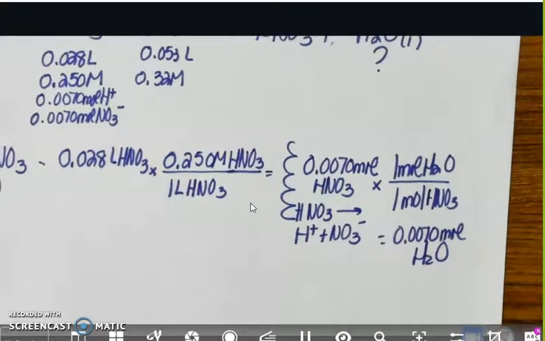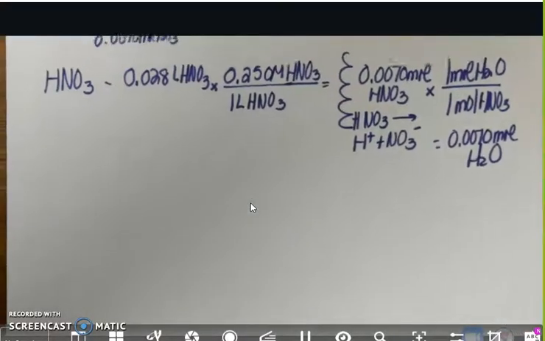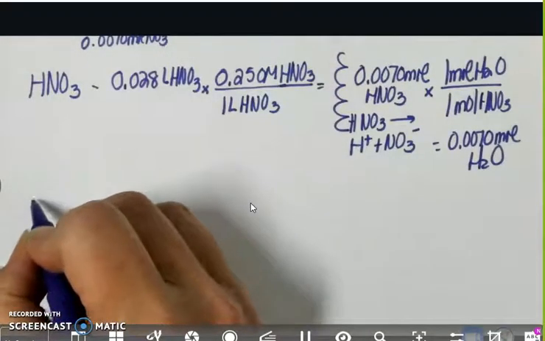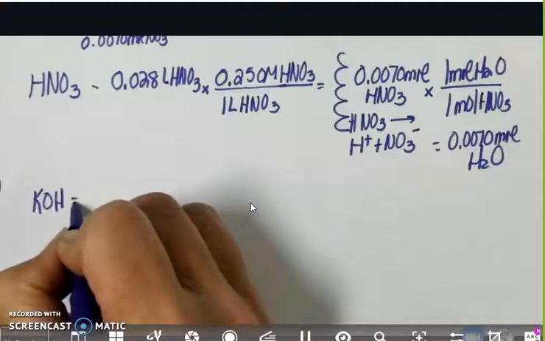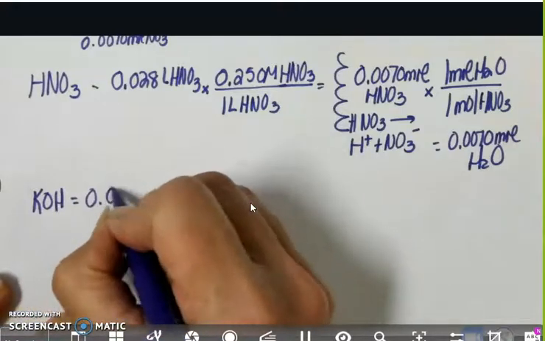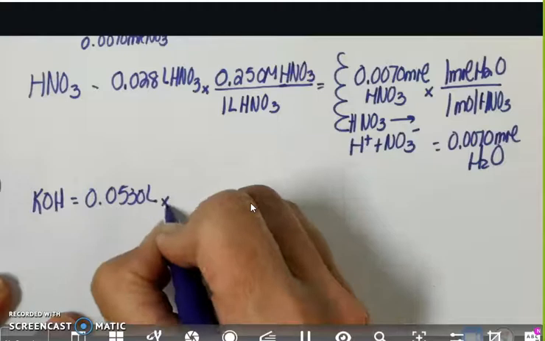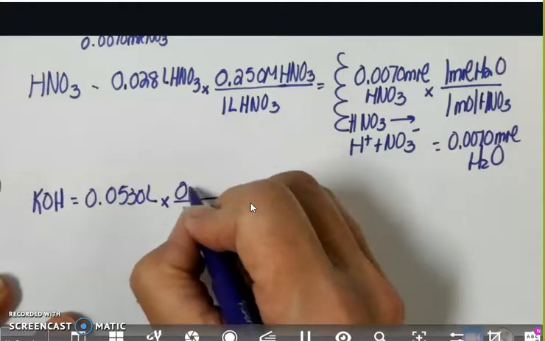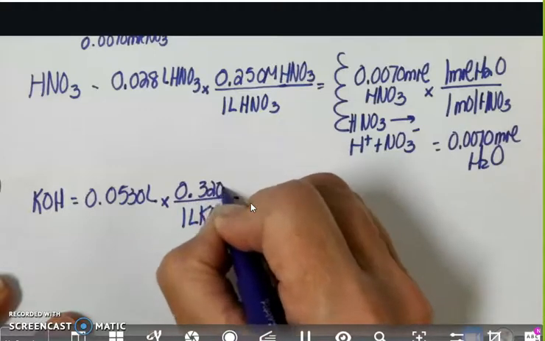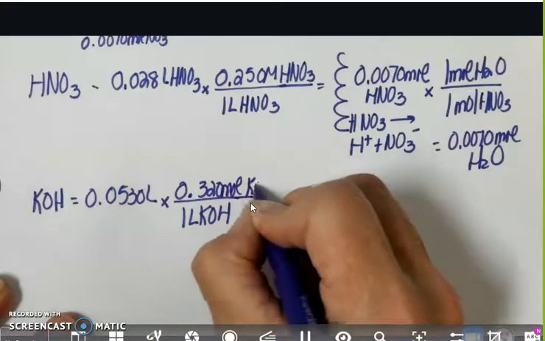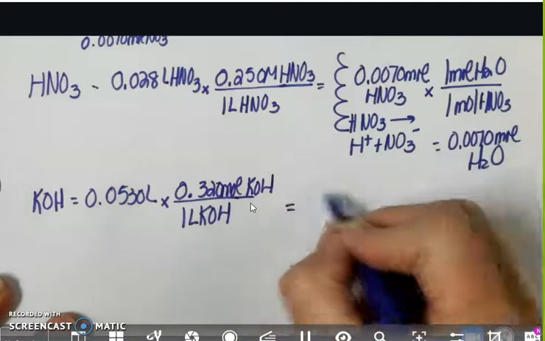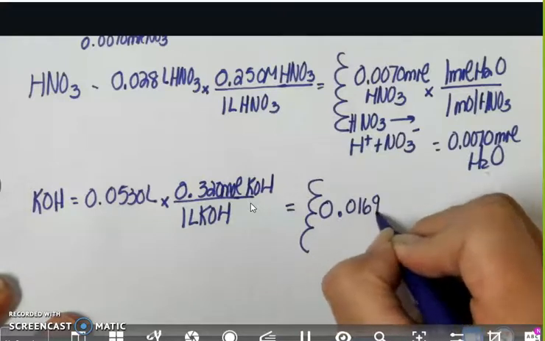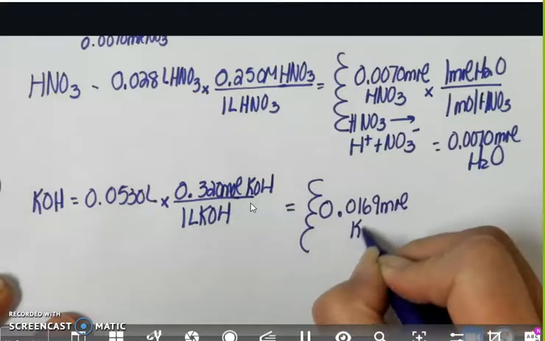Let's do the potassium hydroxide now. Okay, so here we go. Now the end of this is going to be super short. 0.0530 liters. 1 liter of potassium hydroxide is 0.320 mole potassium hydroxide, which equals 0.0169 mole potassium hydroxide.